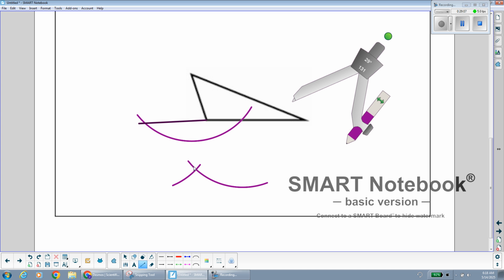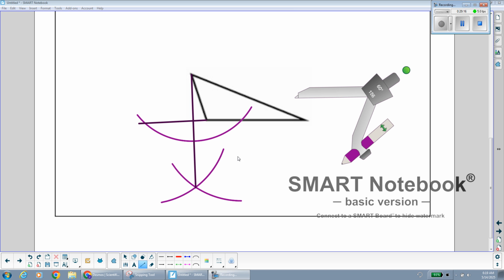Right through the intersection points, we can use our straight edge to connect. And when you connect through the intersection point, it should go to that opposite vertex because that was the point that you put your compass on at the beginning that you wanted it to pass through.